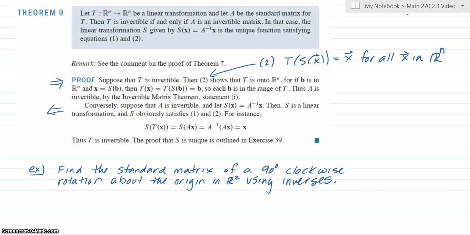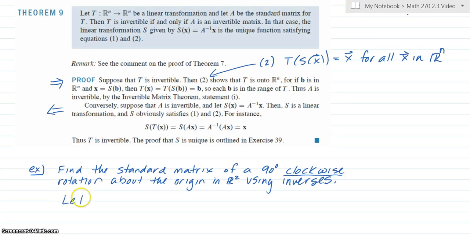Let's look at the following example. Let's find the standard matrix of a 90 degrees clockwise rotation about the origin in R2 using inverses. If you remember from chapter 1, we had a formula for counterclockwise, so I want to use that formula to find the inverse and have it be clockwise.